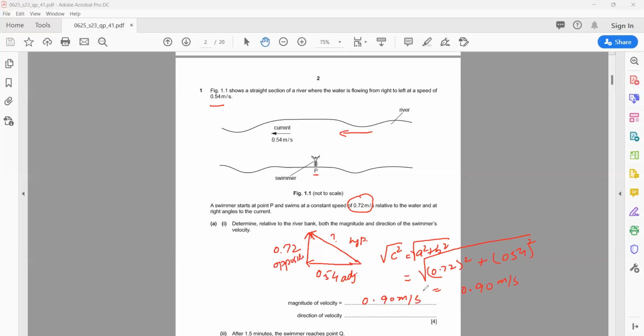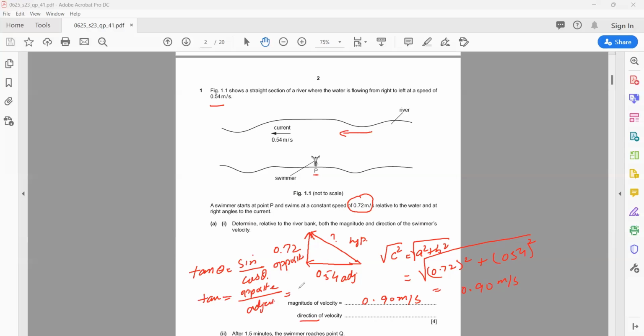So that is 0.9 meters per second. Now they ask about the direction of the velocity, in which direction you will go. For direction, you need the formula tan theta equals sine over cos. Once again, here tan theta will be opposite divided by adjacent.